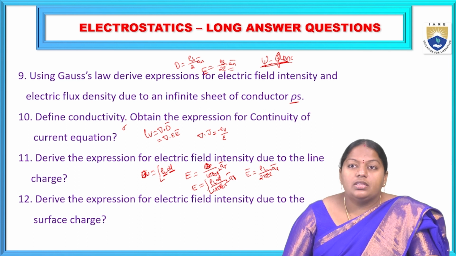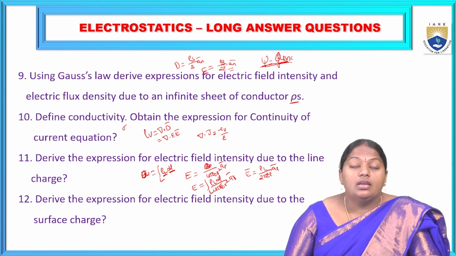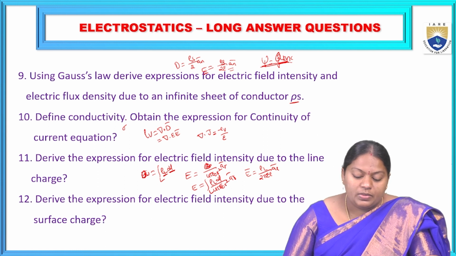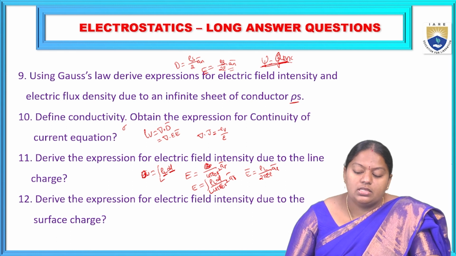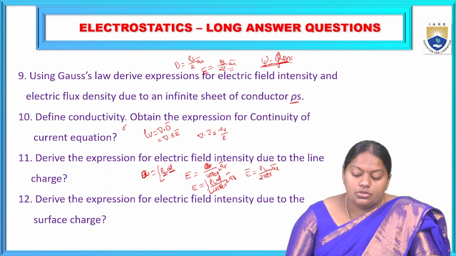Charge is measured in coulombs; a point charge is represented with Q, a line charge with rho L, a surface charge with rho S, and a volume charge with rho V. So for a line charge, E is equal to rho L by 2 pi epsilon naught rho into a rho.